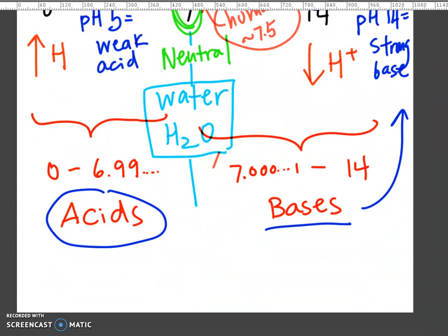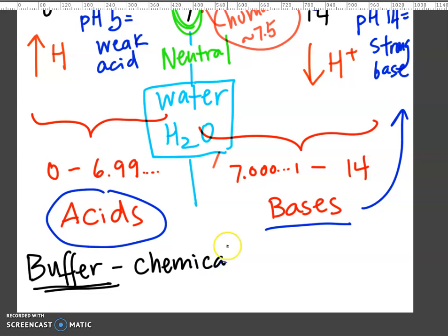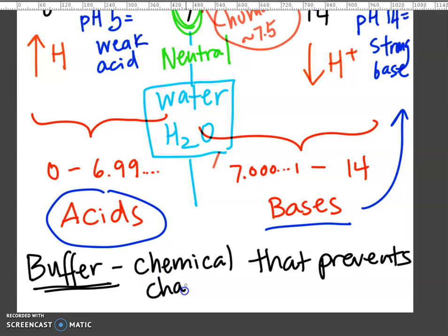To prevent this from happening, we have something in our bodies and also in other chemical situations called a buffer, which is just some chemical that prevents changes in pH.